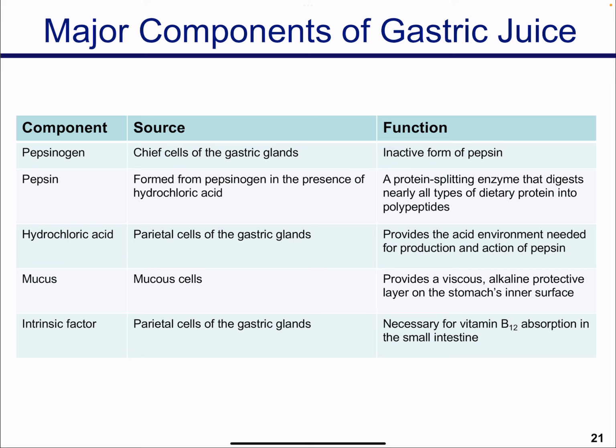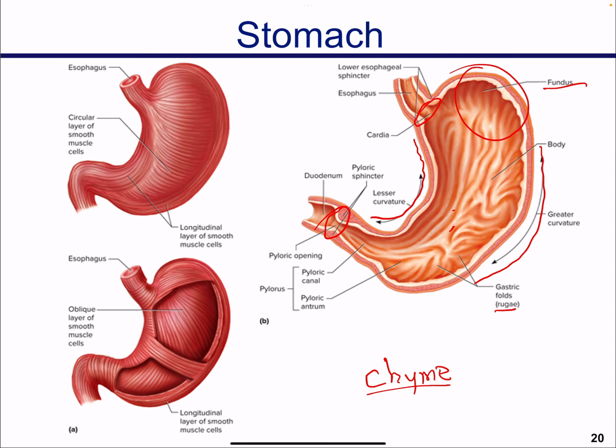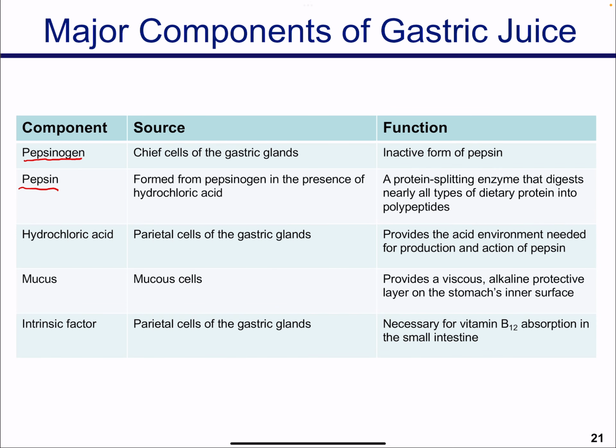You have one enzyme that is called pepsinogen. Pepsinogen, it's an enzyme that is inactive. When pepsinogen is activated, we don't call it pepsinogen anymore. We call it pepsin, right?